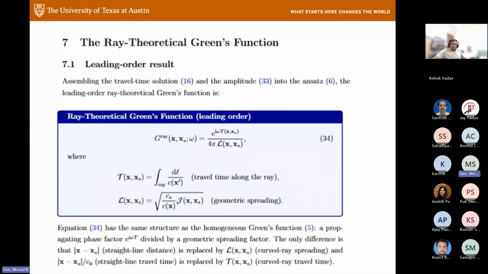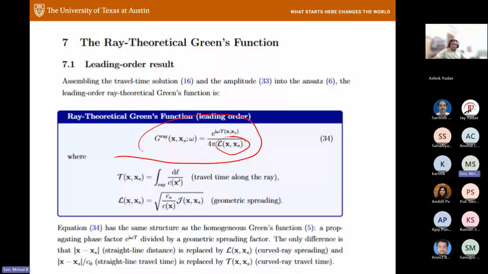And so then what we can show is that now I can get my ray theoretical Green's function, which is the leading order, has an amplitude term that is controlled by L, which is basically a geometric spreading term, and this tau is the travel time.